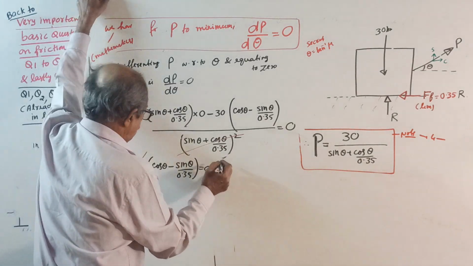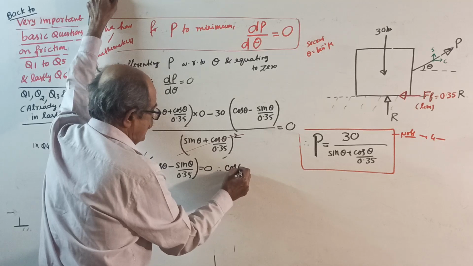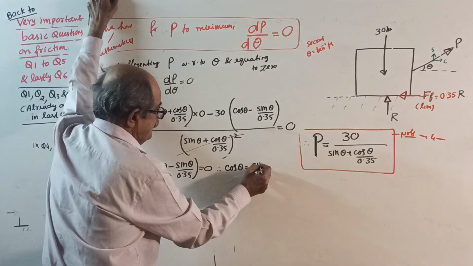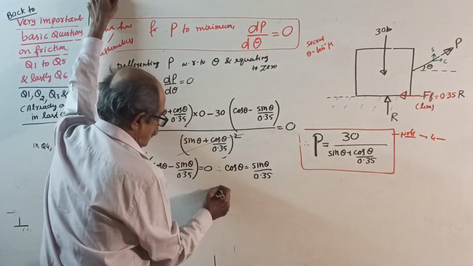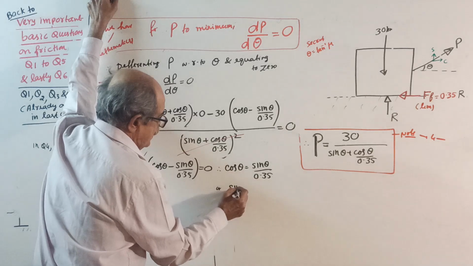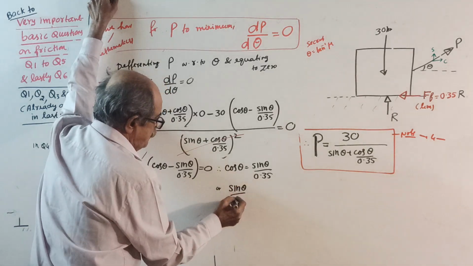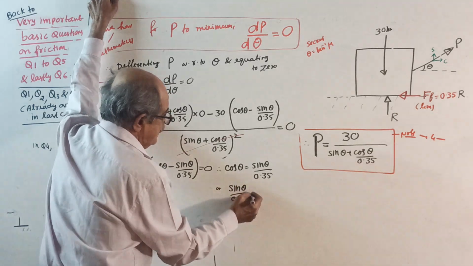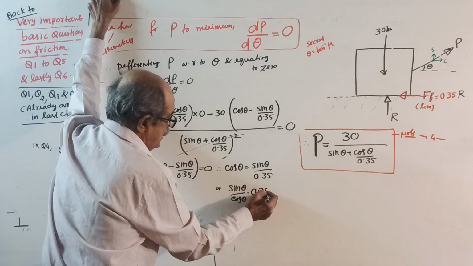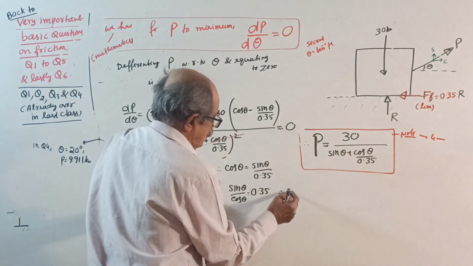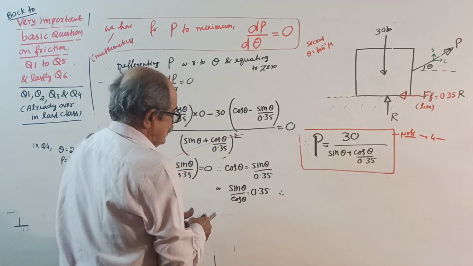Therefore cos theta equal to sin theta divided by 0.35, or sin theta divided by cos theta equal to 0.35. Therefore, I will use red color now.